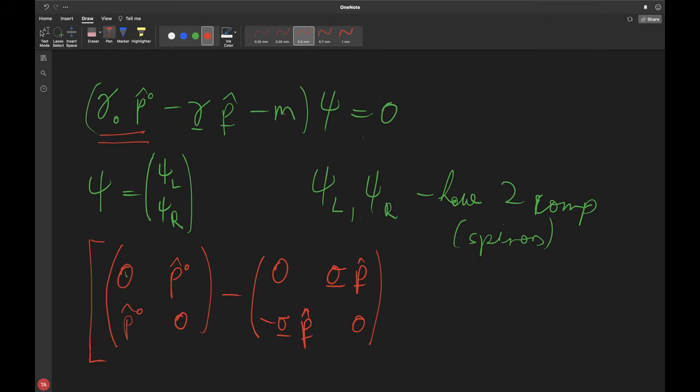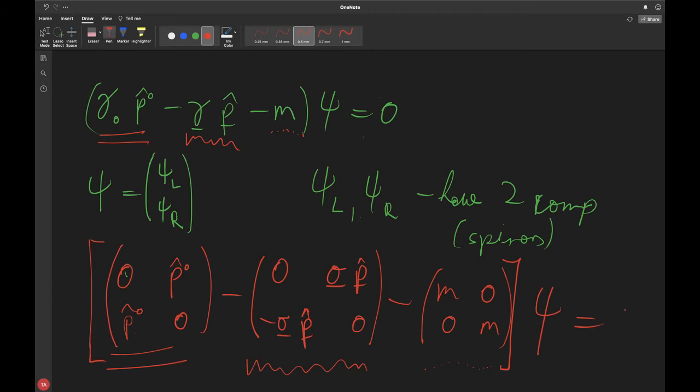And we have this M multiplied with 1, so that's going to be the usual 1, 0, 0, 1 operator multiplied with M, so we do M, 0, 0, M here. So this is exactly the same as this thing, right? This part was this part, and this part is this part. So this is acting on psi and results to 0.